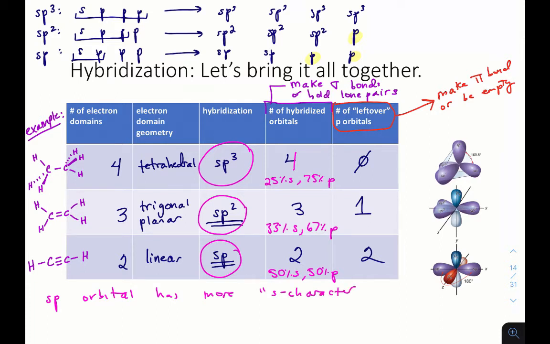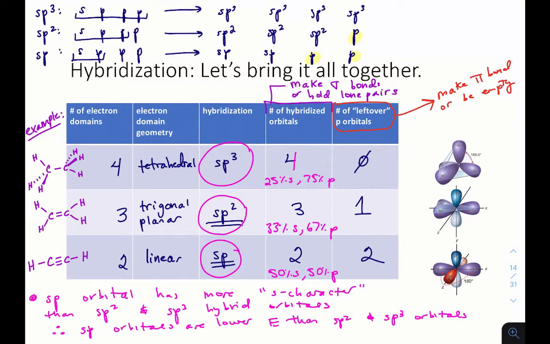It's 50% s compared to 33 for an sp2 or 25 for an sp3 orbital. It has more s character than sp2 and sp3 hybrid orbitals. Because it is more like an s orbital, and s orbitals are lower energy than p orbitals for multi-electron systems, sp orbitals are lower energy than sp2 and sp3 orbitals. All right, that's an important side note before we move on.